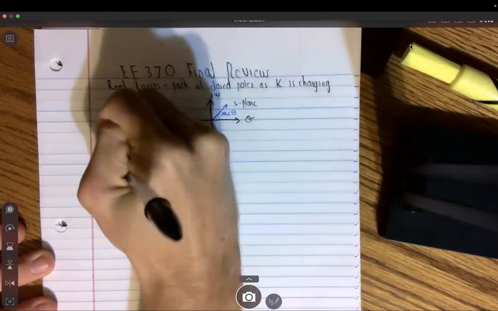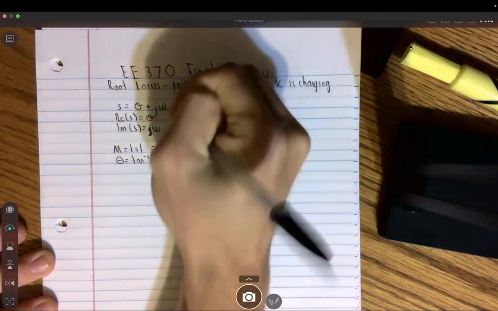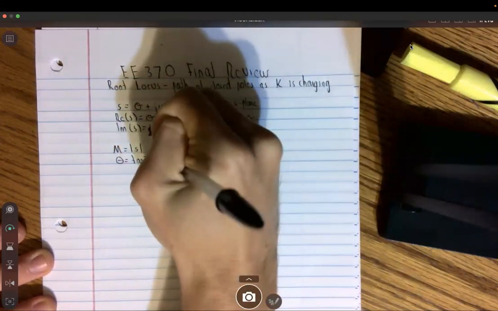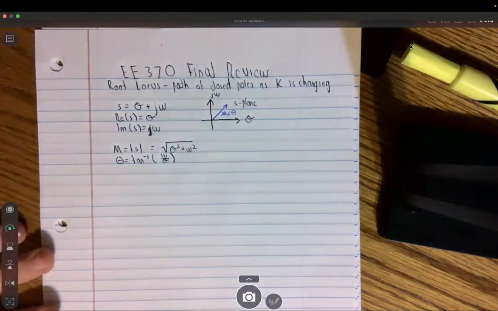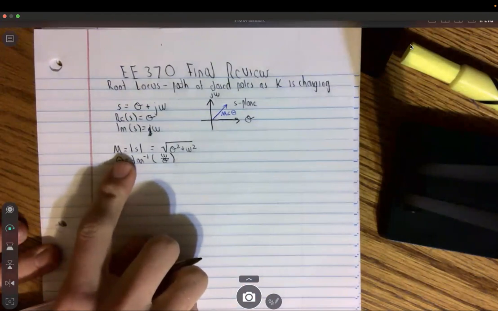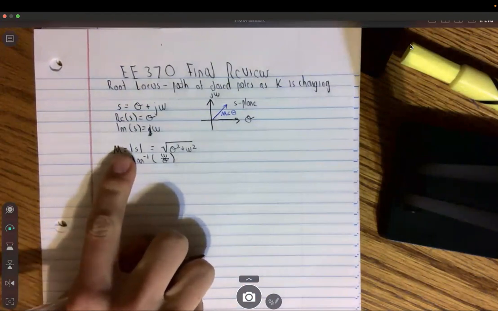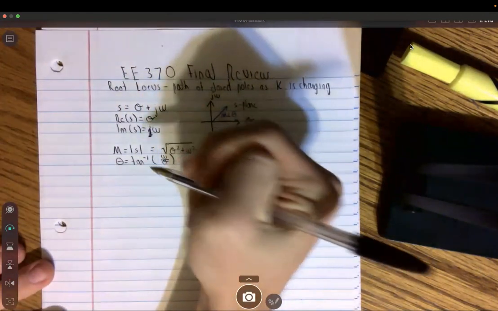Then for your phase angle, it's going to be the tangent inverse of the imaginary part, the omega, over the real part, which is the sigma. This is given with your magnitude and phase angle, and that would be in polar coordinates because it has a magnitude and a phase angle.